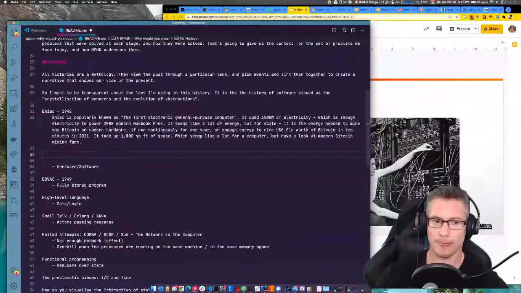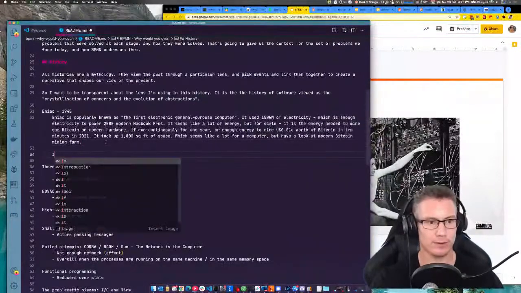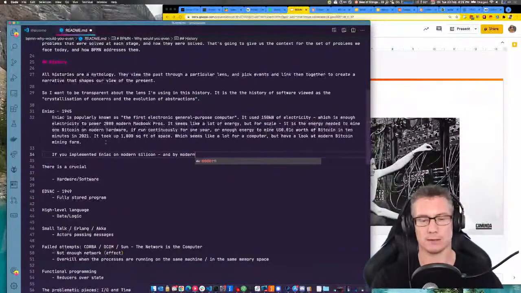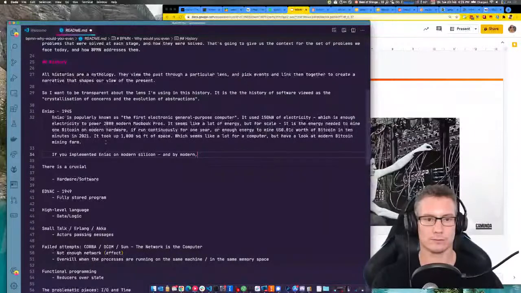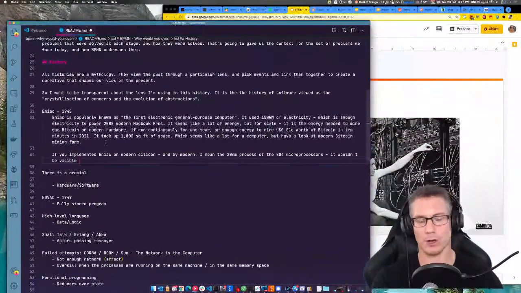There's a crucial abstraction missing. Oh yeah, no, that's the other point: if you implemented ENIAC on modern silicon, and by modern I mean the 20 nanometer process of the 80s microprocessors, it wouldn't be visible to the human eye.